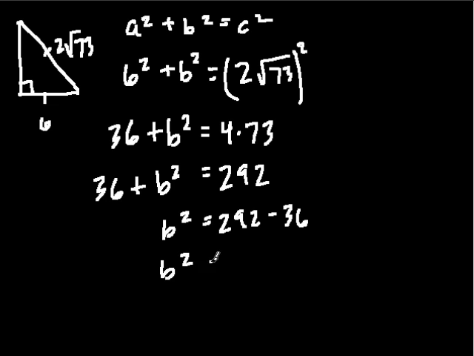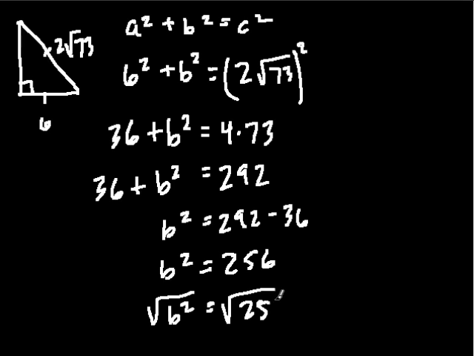Well, 292 minus 30 is 262, minus 6 more, which is 256, and that's a perfect square. The square root of b squared is equal to the square root of 256, and b equals 16.